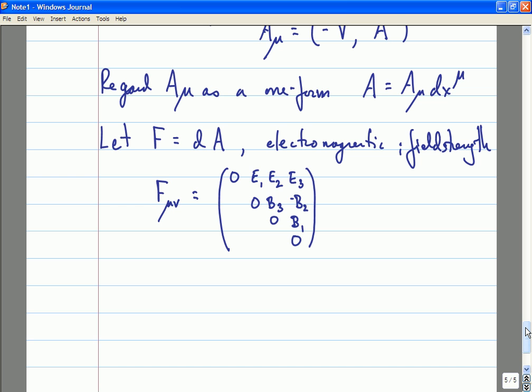What do I mean? So remember, what is electromagnetism? Electromagnetism is a theory where your dynamical variables are the electric potential V and the magnetic potential A. A is a 3-dimensional vector, but you can package the electric and magnetic potentials together into a 4 vector.